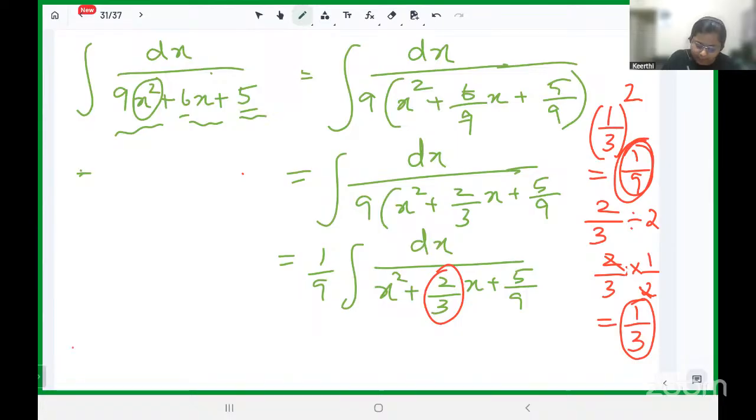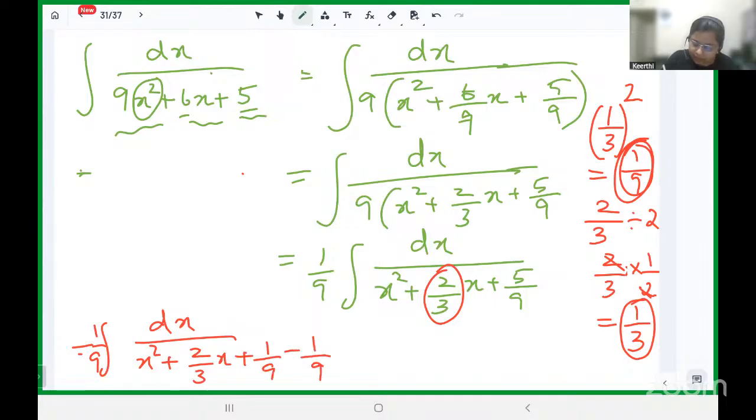So this will become integral, 1 by 9 outside, dx by x square plus 2 by 3x. Then you add 1 by 9, then you subtract 1 by 9, then add 5 by 9 also. Why are we adding and subtracting? Plus 1 by 9 and minus 1 by 9 is actually 0, but here we have to make it a perfect square.